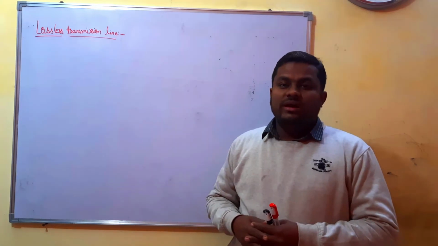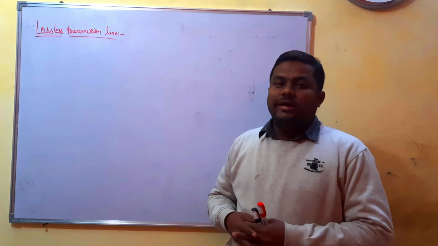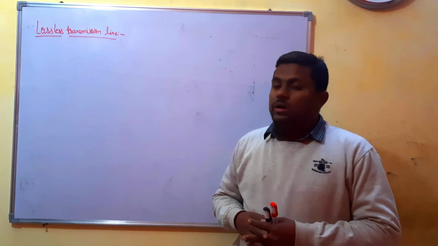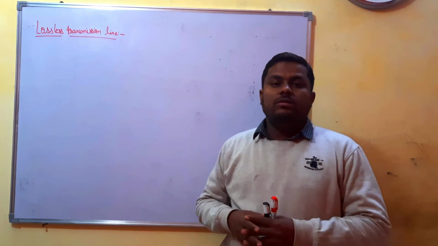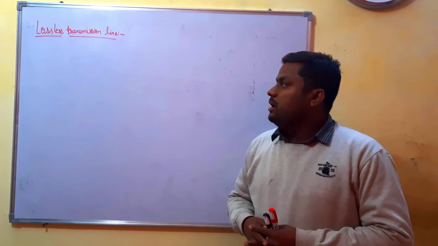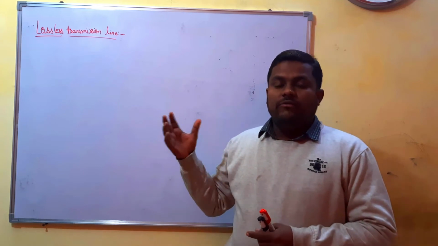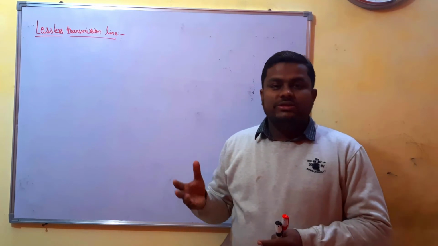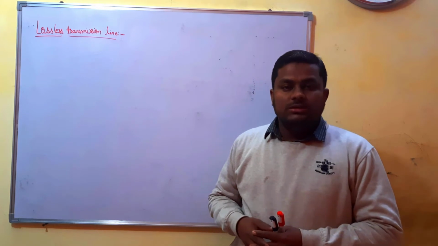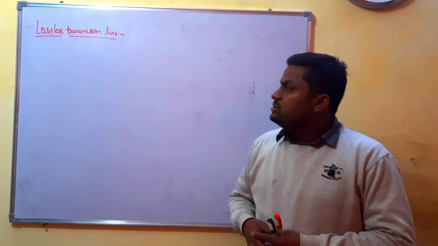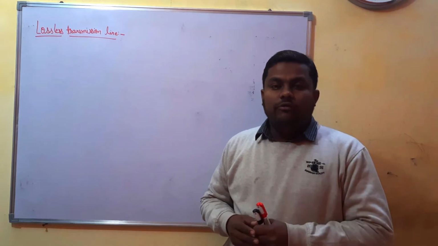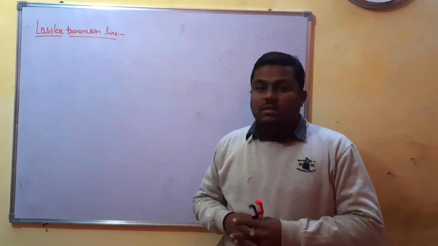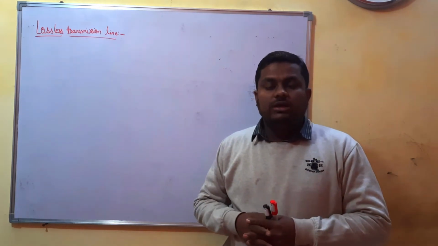So we will assume that there is no component of R and G, and we will also see the physical and practical importance of characteristic impedance, and what the propagation constant will be if we assume R is equal to 0 and G is equal to 0, that is, resistance is equal to 0 and leakage is equal to 0. And we will also see that if we connect a load equal to the characteristic impedance of a line, then what will be the effect on voltage and current.